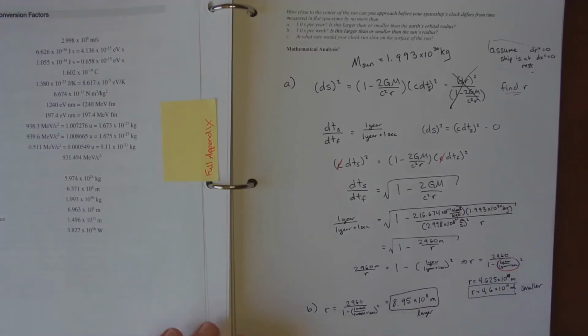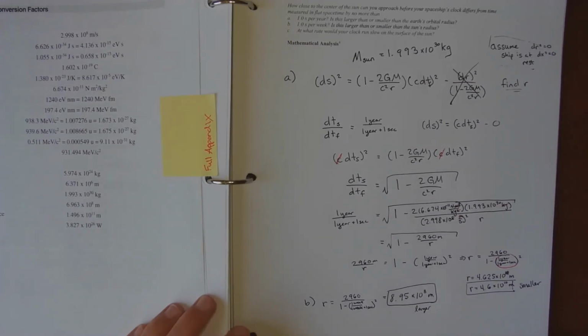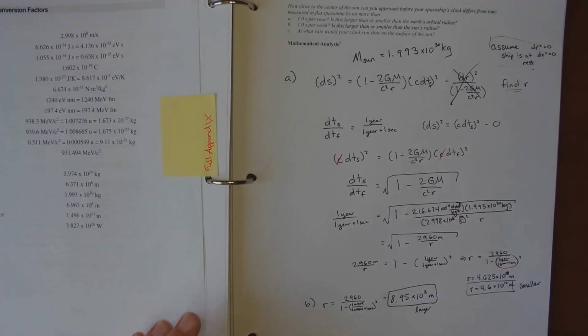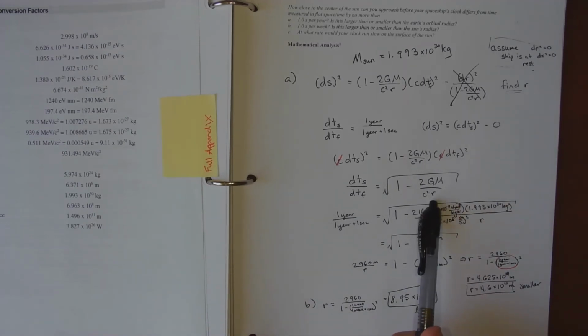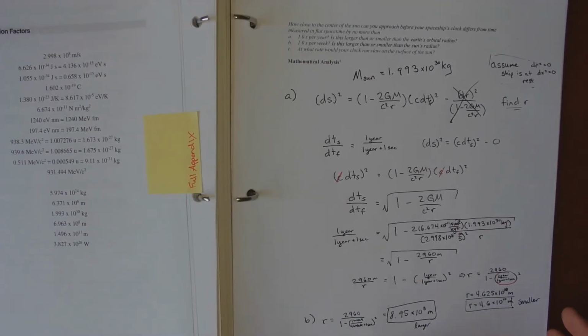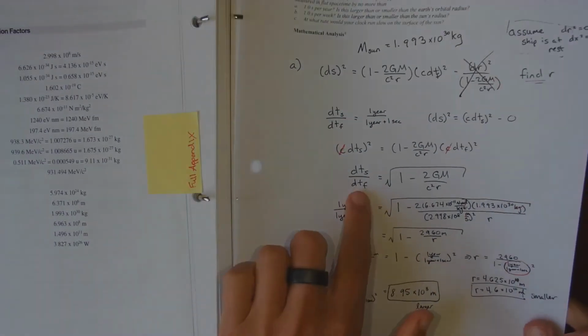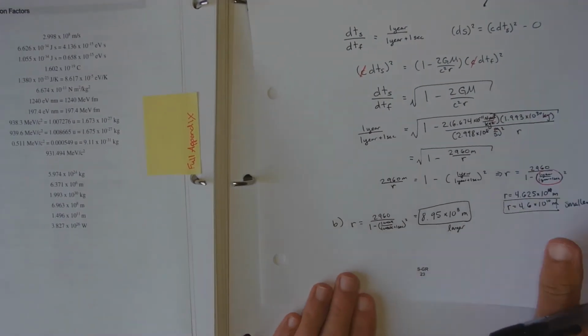And then for part C, at what rate would your clock run slow on the surface of the sun. So now we're not looking for r. Now we already know r, and we want to figure out what dTs over dTf is.